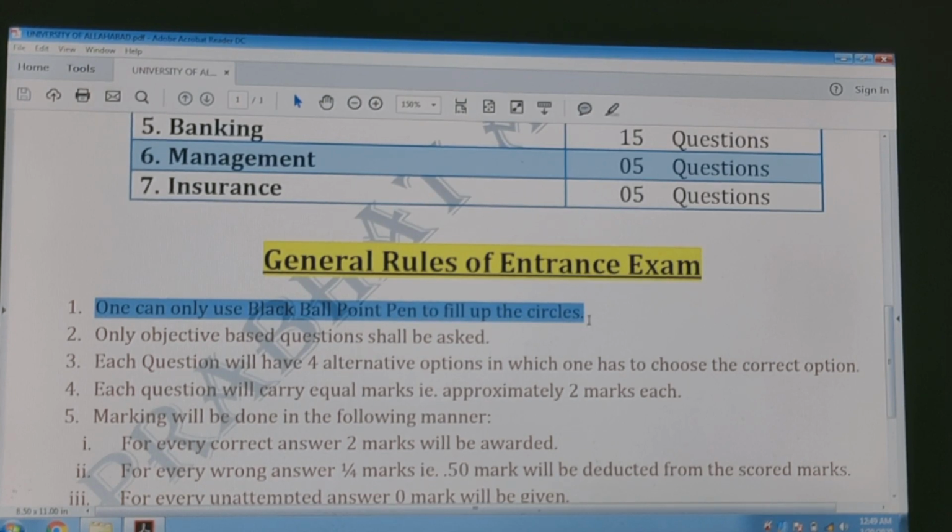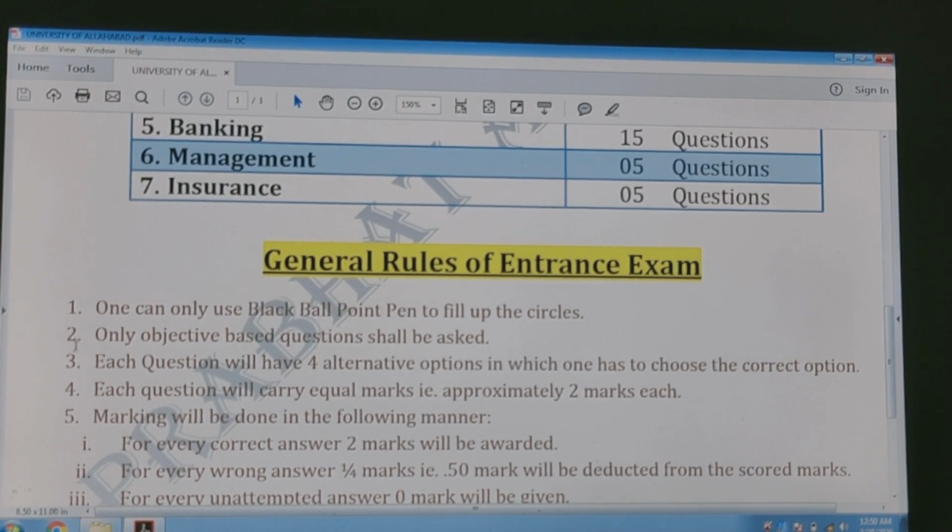This exam will be objective based, which means you will be given some options, and the options will be in the form of circles, and you have to fill up the circles if it is offline mode. And if it is online mode, then obviously you have to give the exam on the computer itself, so you just have to click on the correct answer. But if you are filling up the offline mode, then you have to use the black ball point pen to fill up the gaps. Black ball point pen.